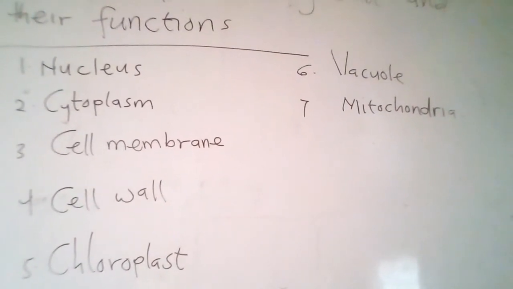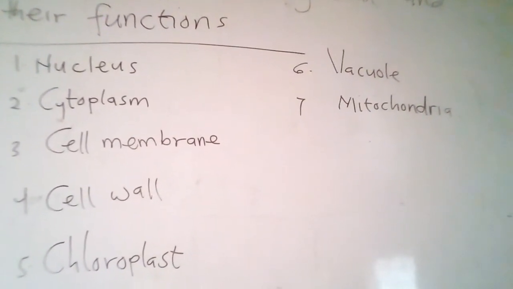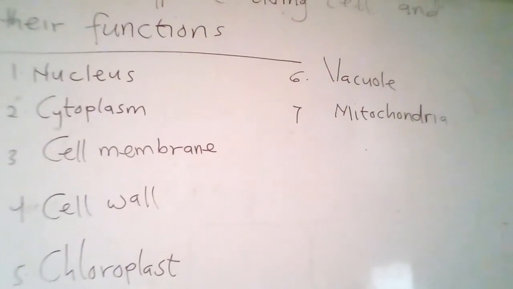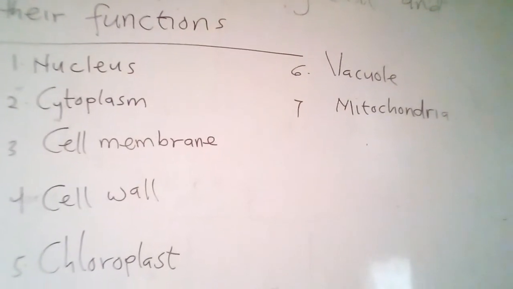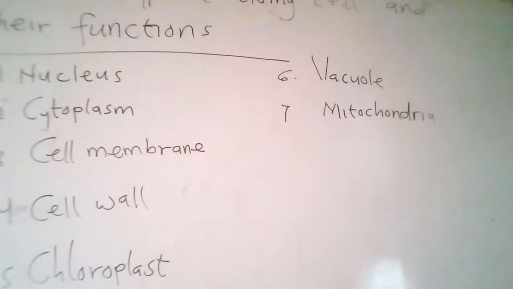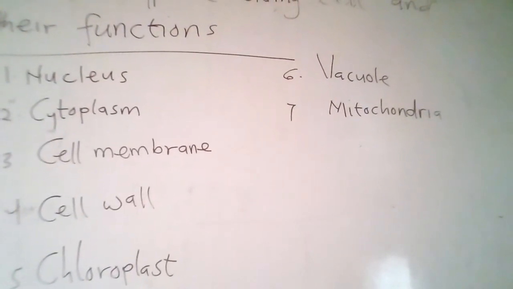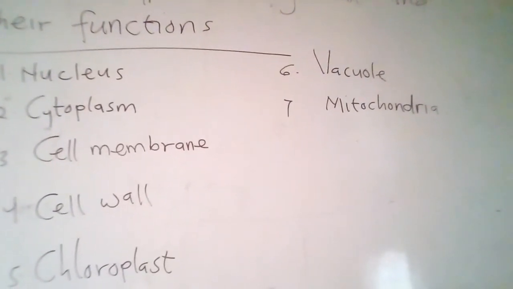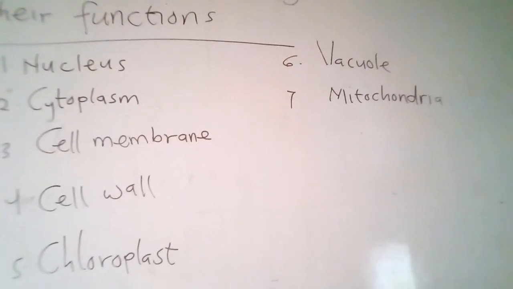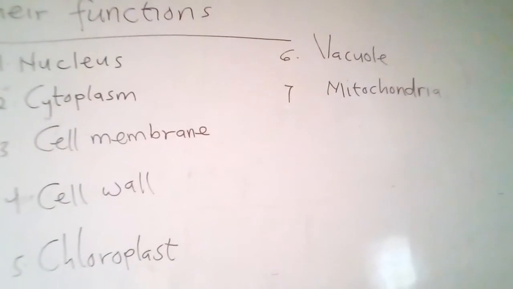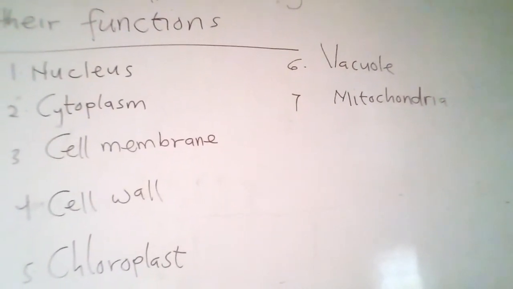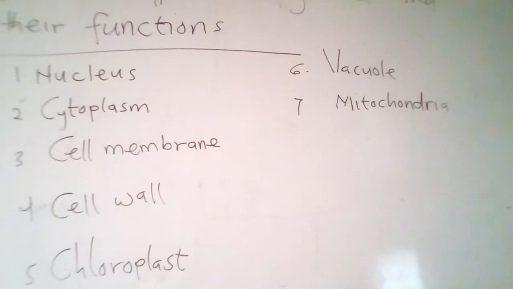Let's go to the cytoplasm. The cytoplasm contains all the living materials or structures in a cell. It occupies a large portion of the space within a cell. It consists of a complicated mixture of the jelly-like portion of the cell, and the nucleus and all other special structures of the cell float in the cytoplasm. Functions of cytoplasm: salt or sugars, which could be food, are present in the cytoplasm.